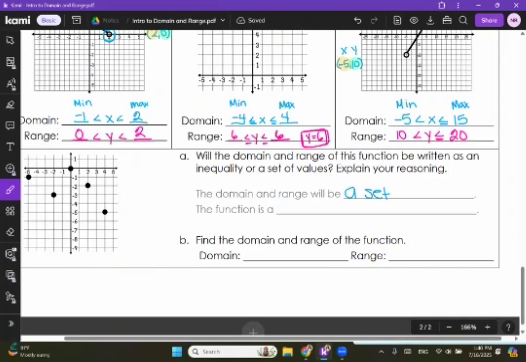A certain set of values. Why is it a certain set of values? Because the function is discrete. I can't spell discrete. The points are not connected. It's not continuous. If the points are connected, it's continuous. You use inequalities. If they're not connected, it's discrete. You use the set.